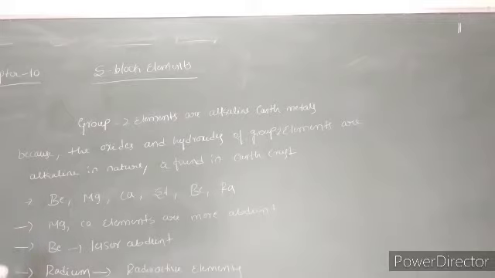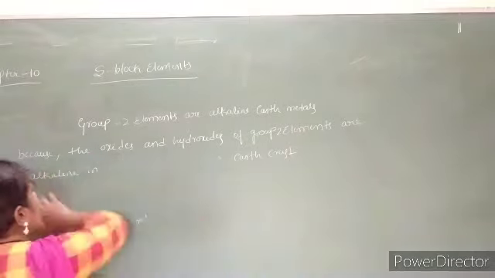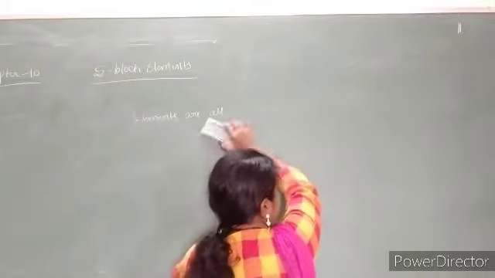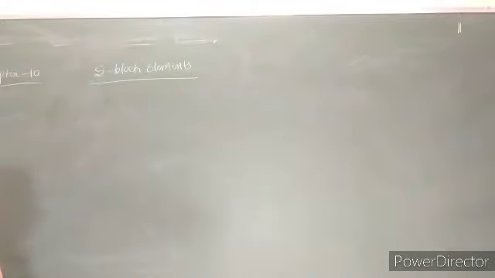So this is about group 1 and group 2 elements. Group 1 has lithium, sodium, potassium, rubidium, cesium, francium, and group 2 has beryllium, magnesium, calcium, strontium, barium, radium.